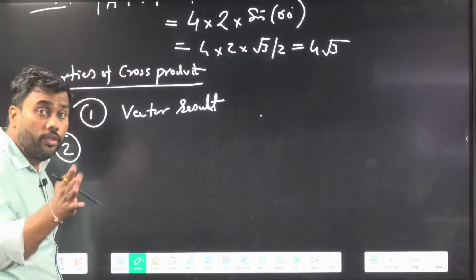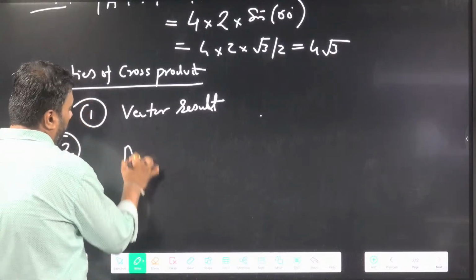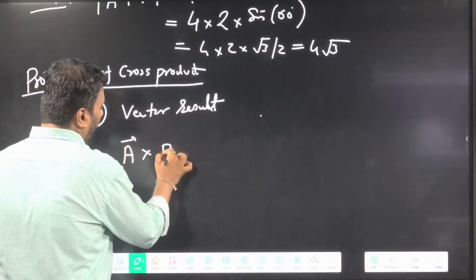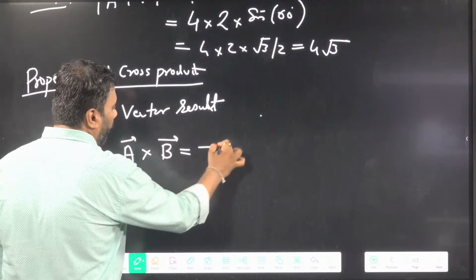Second, cross product is not commutative. We have covered this, but I will again write this because it is a property of cross product.